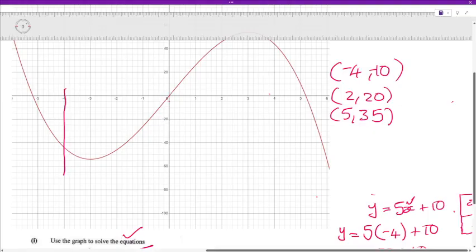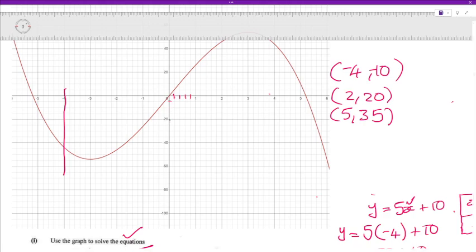Let's say 0, 2, 4, 6. How many boxes do we have here? 1, 2, 3, 4. There's a box missing here, I think, for this particular graph.